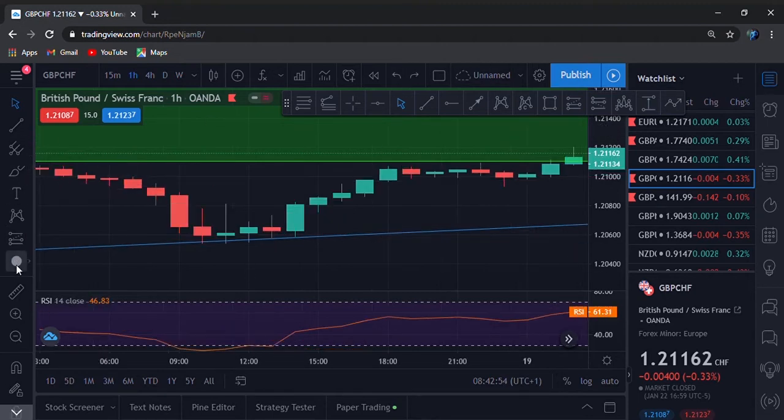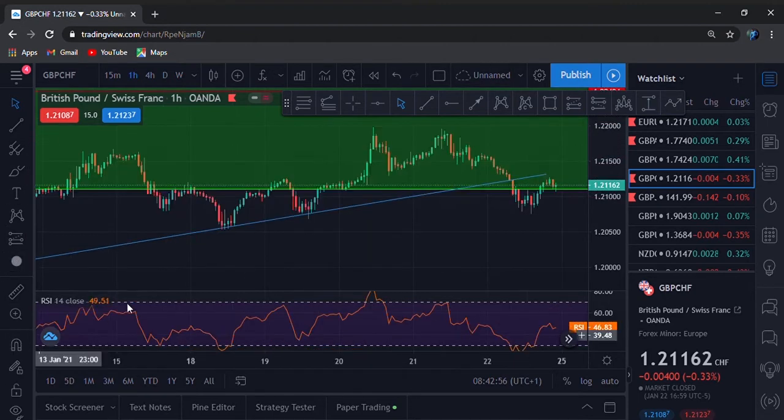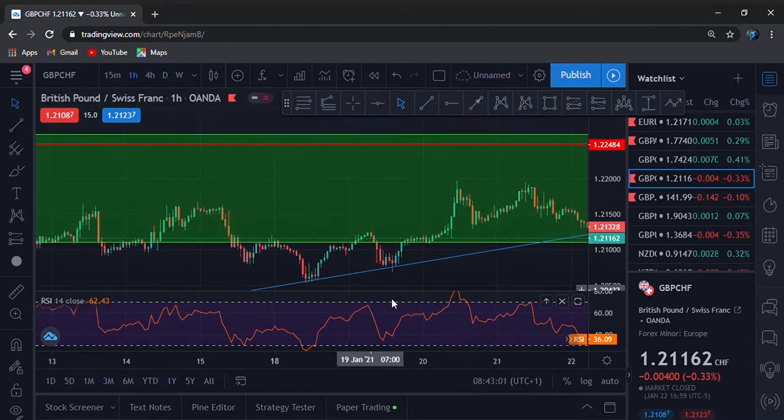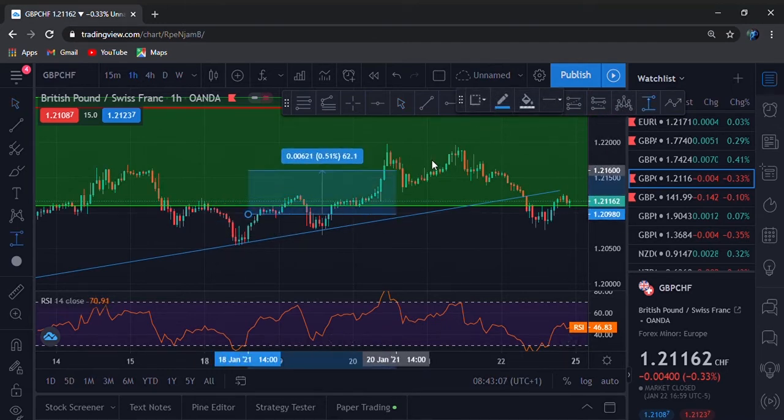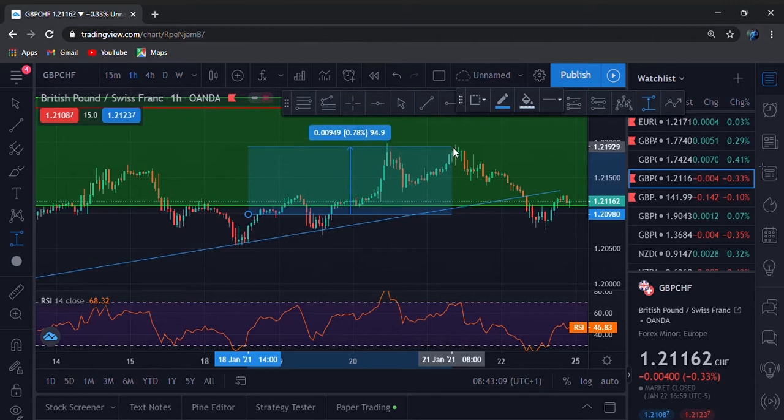It was a very nice setup. If I had taken this trade, I would have taken at least from this point to this point, a pretty good 90 to 95 pips. So that is that for that.